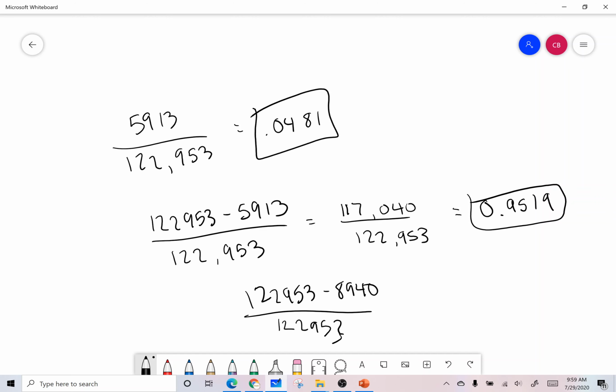So 122,953 minus 8,940 divided by 122,953 is 0.9273.